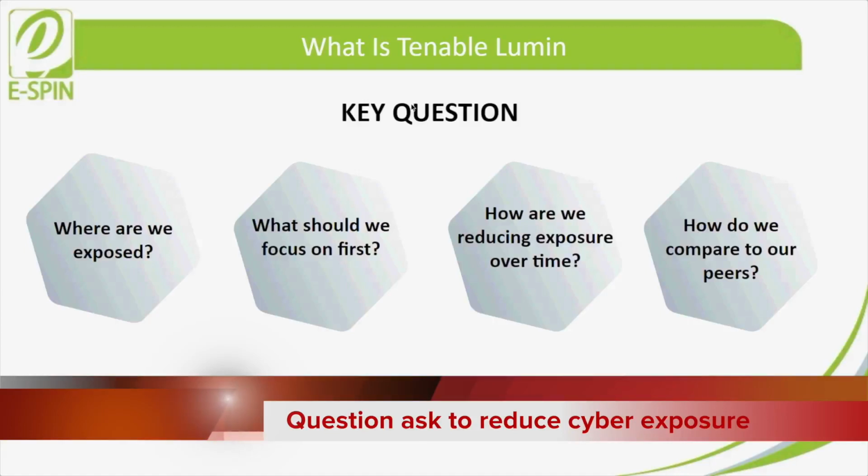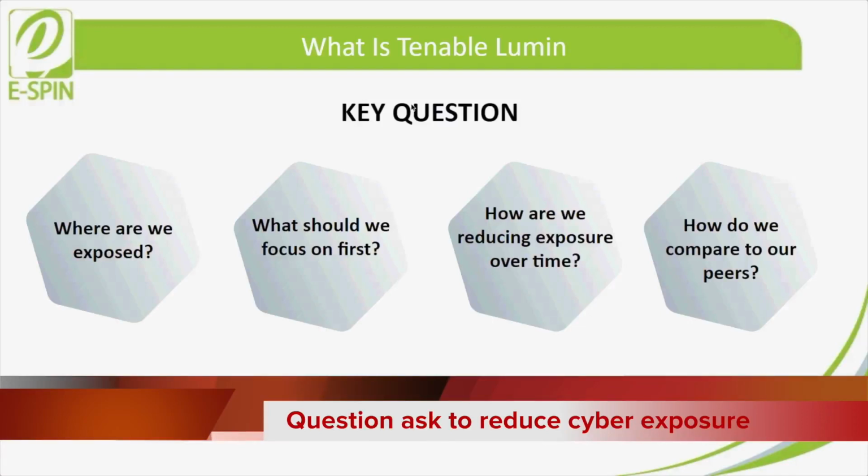Tenable Lumin improves prioritization effort via the asset criticality rating, or ACR, which prioritizes key assets. Tenable Lumin provides the answer for the second and third questions via the cyber exposure score, or CES, that can be used for internal comparison such as geography, business unit, and also device type.